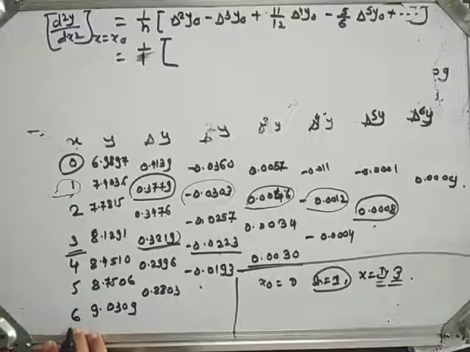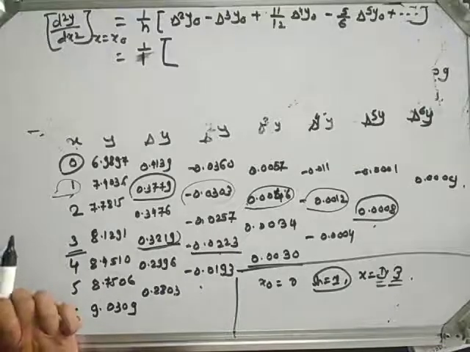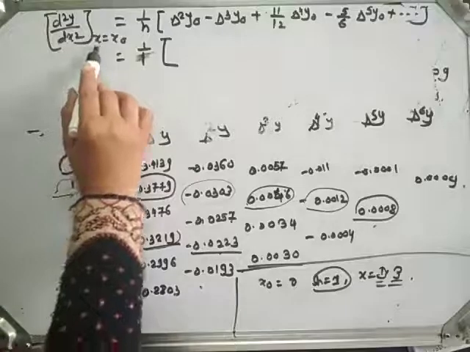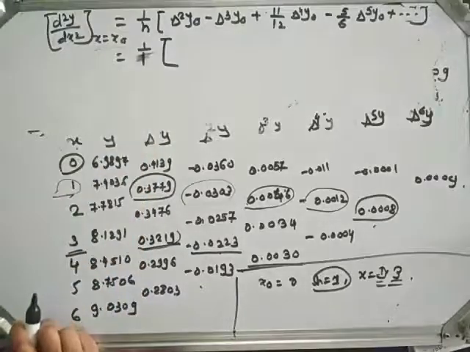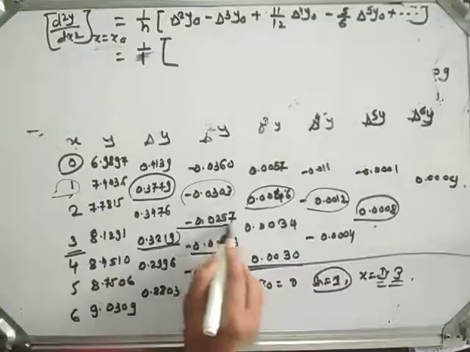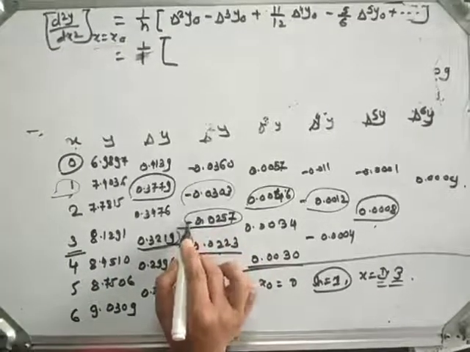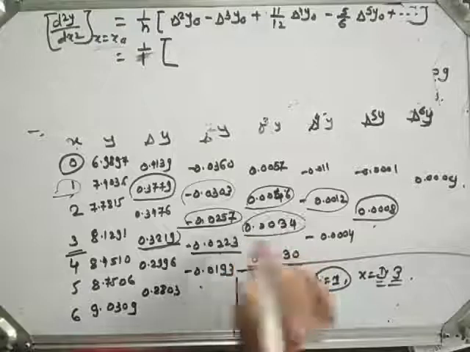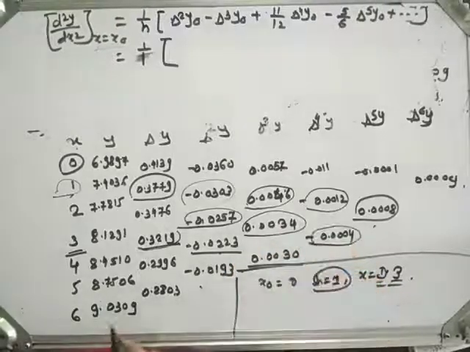Now students, observe that here you have to calculate the second derivative at x equals x0. So here this is delta square y0, this is delta cube y0, and this is delta raised to 4 y0.